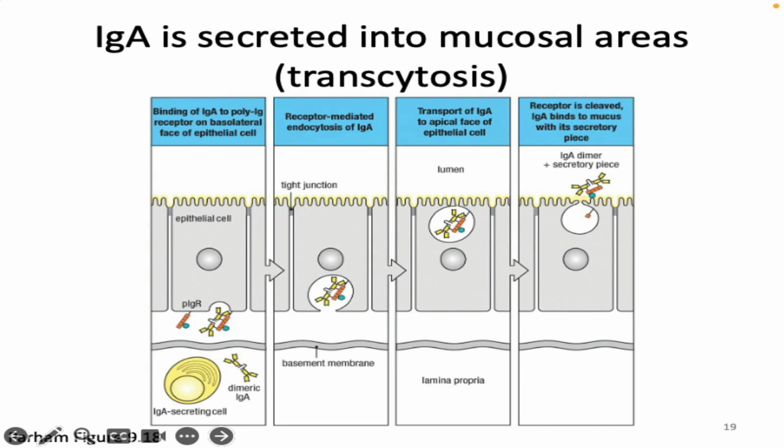You don't have any other antibody isotypes in your GI tract, but you have IgA. So before the microbe even gets out of your intestine, IgA could potentially neutralize it. This process of getting the IgA across the cell layer is called transcytosis.